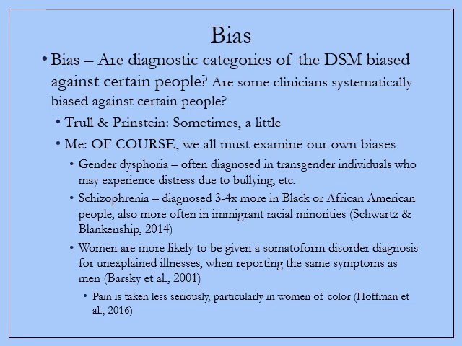Research has been done where vignettes, or little scenarios, are given to clinicians where two patients come in with the same complaints, one a man and the other a woman, and clinicians are far more likely to diagnose the woman with somatoform disorder.